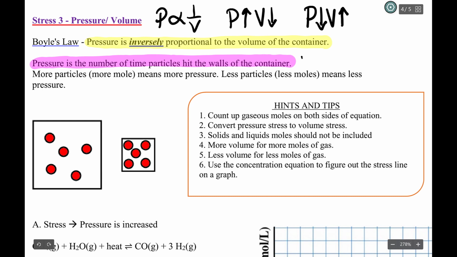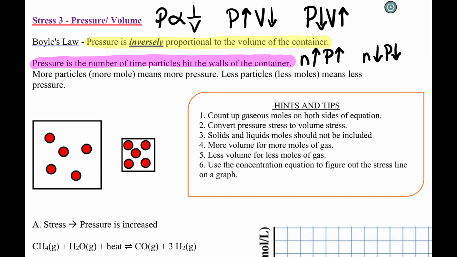So if the number of moles increases, the pressure is going to increase. If the number of moles decreases, then the pressure is going to decrease. All right? So more particles means more pressure, and less particles or less moles means less pressure.